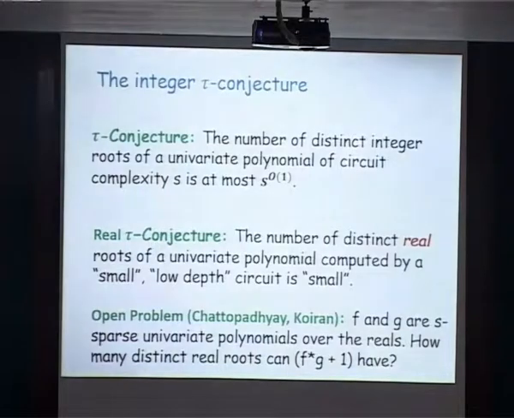The best upper bound that we know is S square, simply because F times G plus 1 has S square monomials, and we do know that there exist polynomials F and G where the number of real roots is more than 2S, something like 3S, but we don't know what is the right answer here.